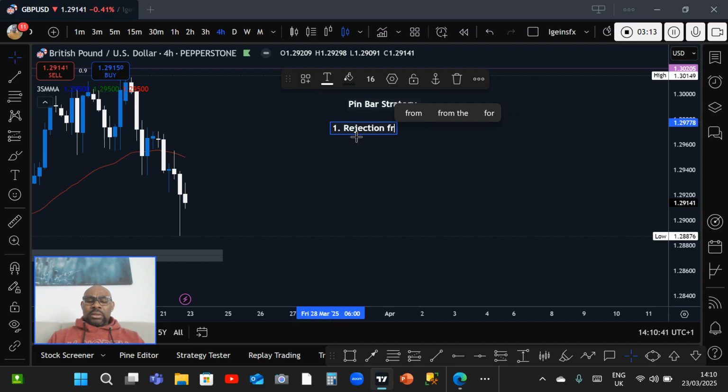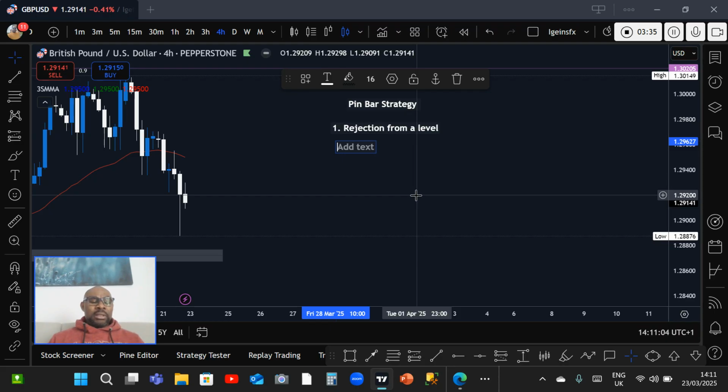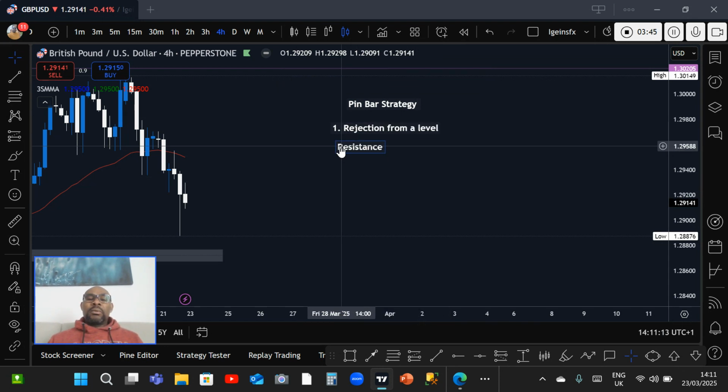rejection from a level. When you see a rejection from a level, that level could be a resistance level or a support level.